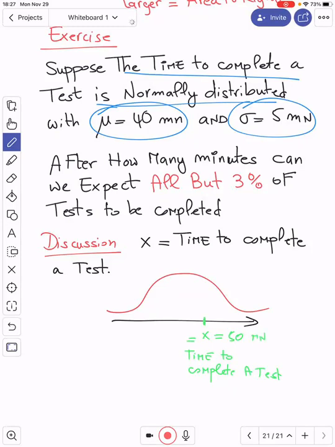So what does the area to the left of x represent? Again, x is the time to complete the test.